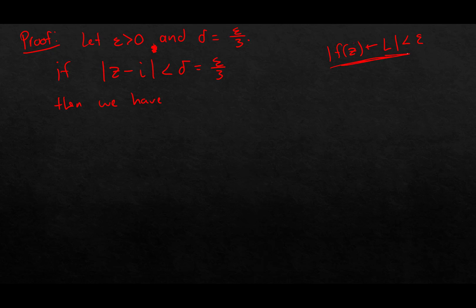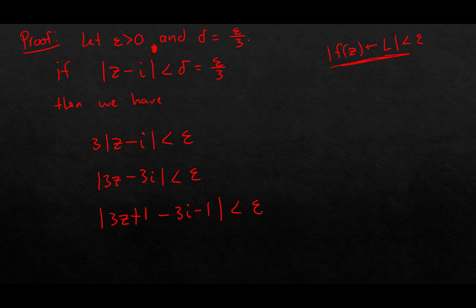Let's multiply both sides by 3. We'll get 3 times the absolute value of z minus i is less than epsilon. Let's distribute the 3 inside, so we'll get the absolute value of 3z minus 3i is less than epsilon. Now this isn't our function yet, so what we're going to do is add and subtract 1. So we get the absolute value of 3z plus 1 minus 3i minus 1.